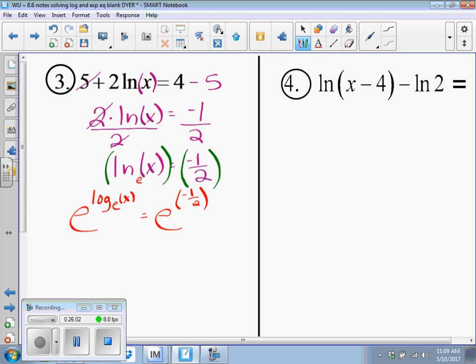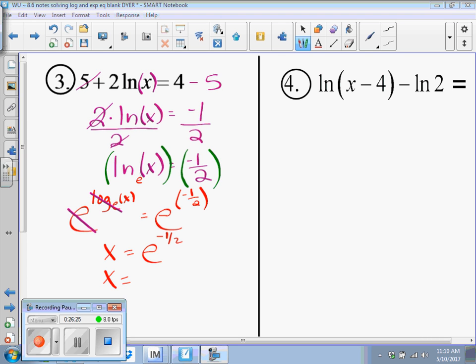So that cancels, leaving me with just x equals e to the negative 1/2. And calculate that. So e is a number, right? It's 2 point something. But on your calculator, it's right above, top, underneath 5. Okay, so you should have gotten 0.61.